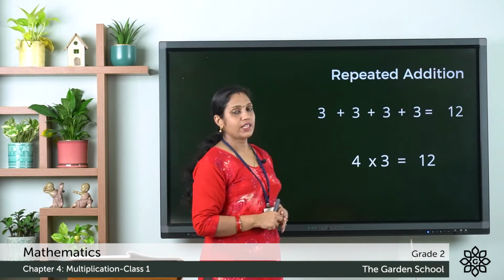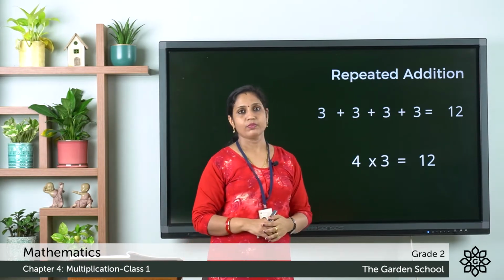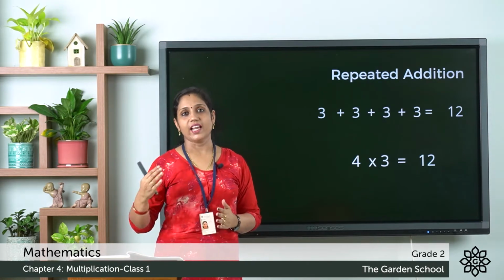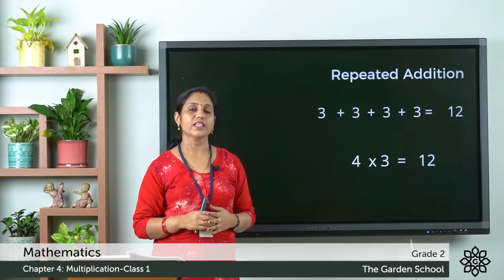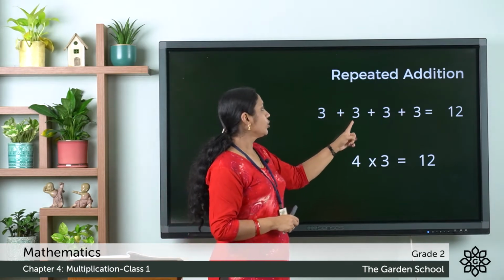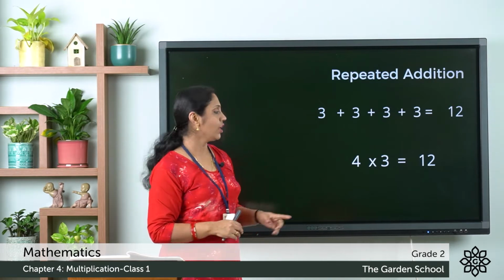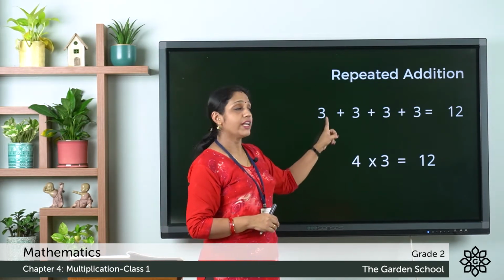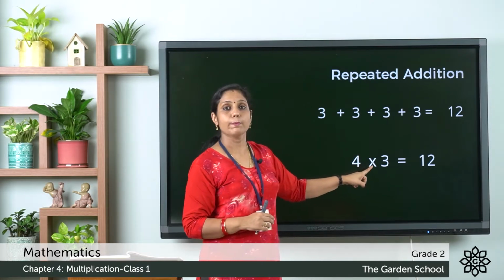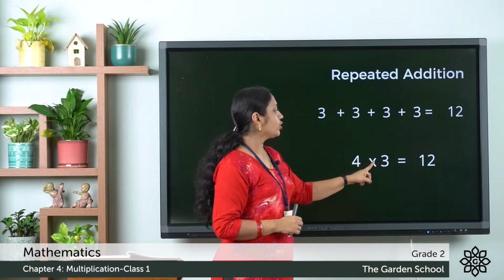Again you can see 3 plus 3 plus 3 plus 3. Here you can see the number 3 is repeated again and again. So how many times is the 3 repeated? Here it is 1, 2, 3, 4. So we write it as 4, and here is the symbol into, we read it as into. So 4 into 3.